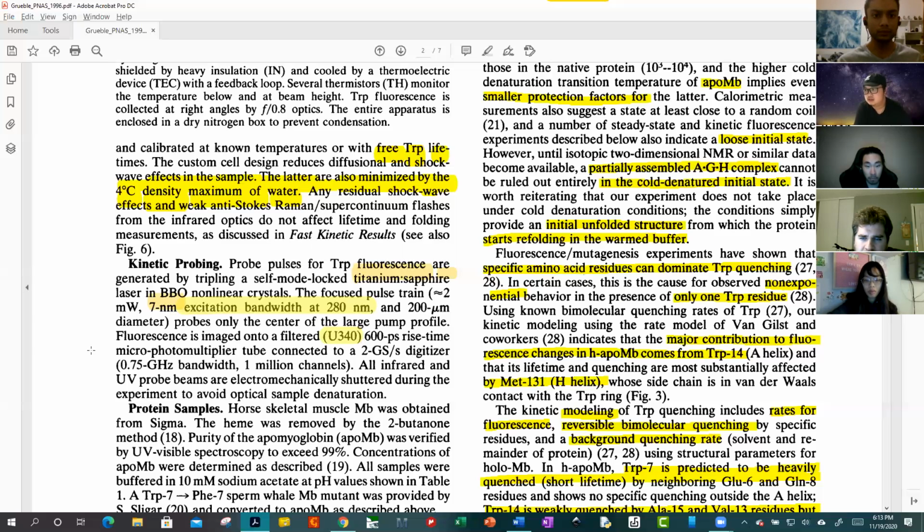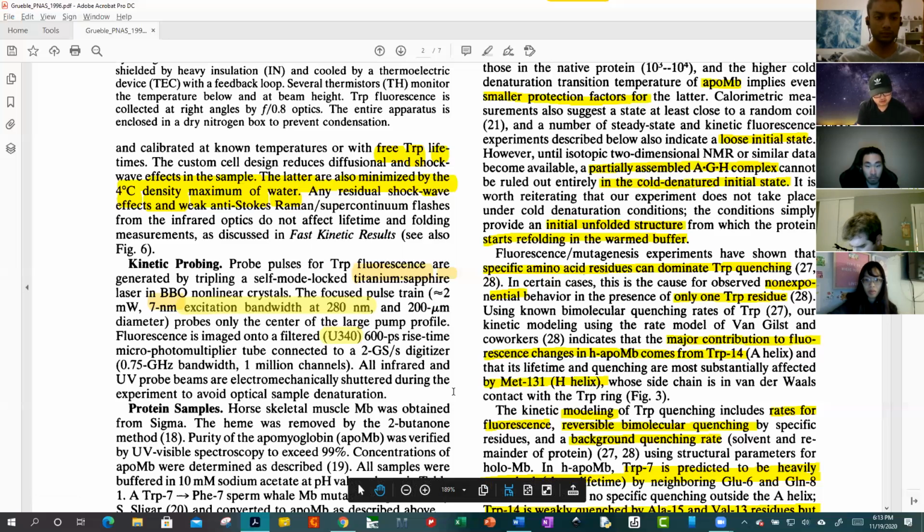And it can store 1 million samples. So that's pretty good. I'm sure we can do better nowadays, but that was probably pretty expensive stuff at the time. So that's the optics there.